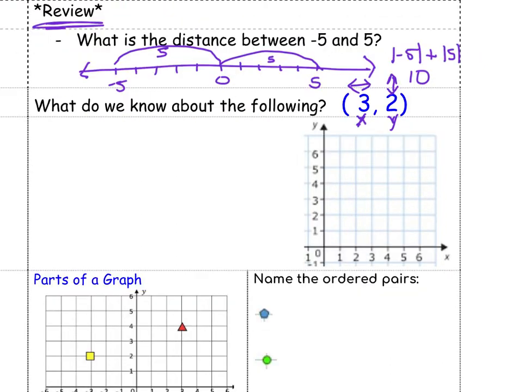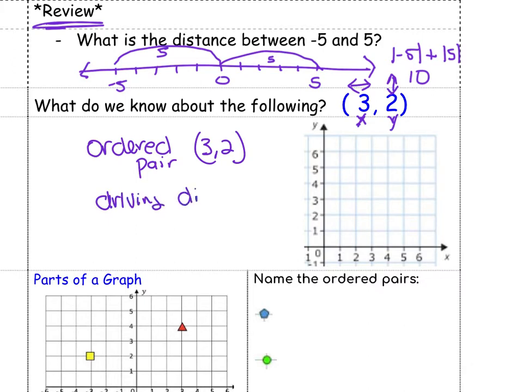So to graph, this is really like our driving directions. So ordered pair is that pair of numbers in the order X, Y. Ordered pair is like our driving directions from the origin, which is this part right here, that's 0, 0.